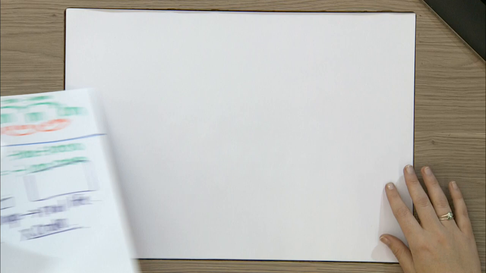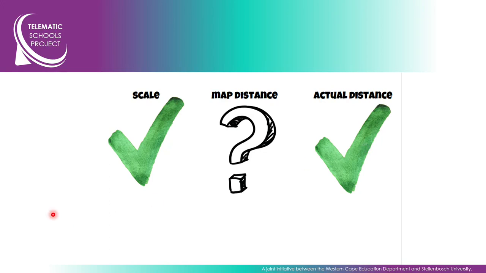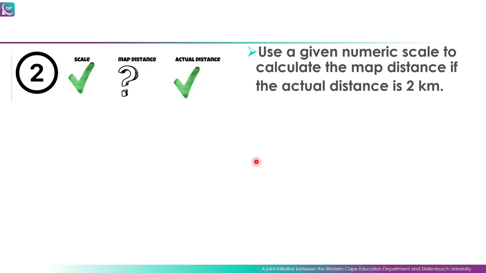Now, the second type of calculation we need to look at is going to be the scale is given, the actual distance is given, and we need to go back to the map distance. So now, let's look at the question. Use a given numerical scale to calculate the map distance if the actual distance is 2 kilometers.